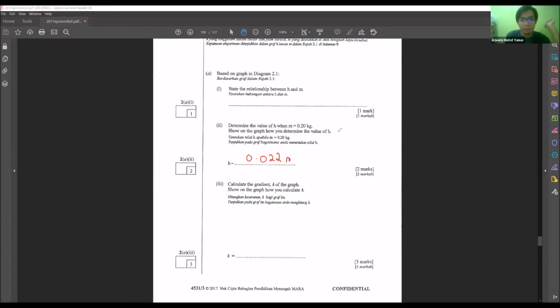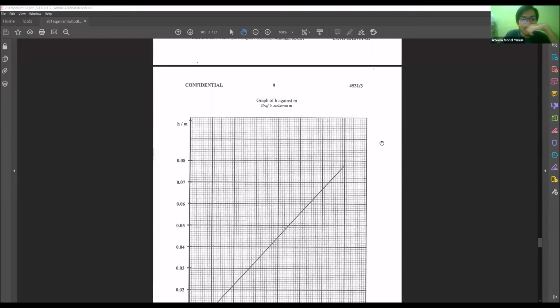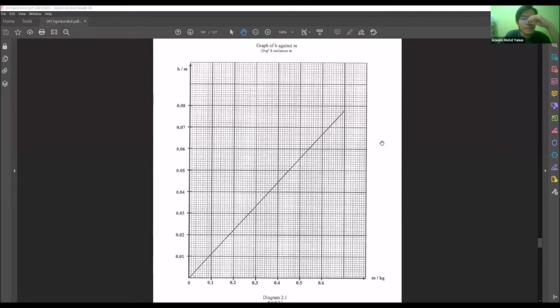So number 3, calculate the gradient K of the graph. Show on the graph how you calculate K. So again, you must meet the triangle requirement, the minimum size, which is 8 cm times 8 cm. But my tip is you just use the whole graph, so it exceeds the minimum requirements.